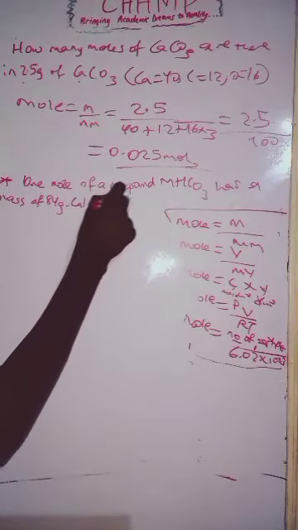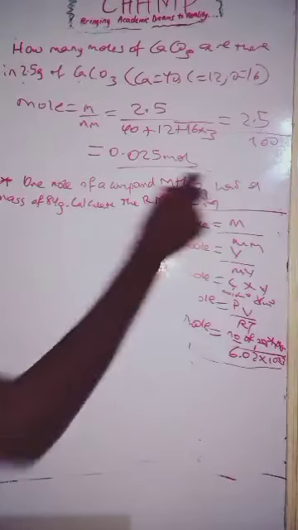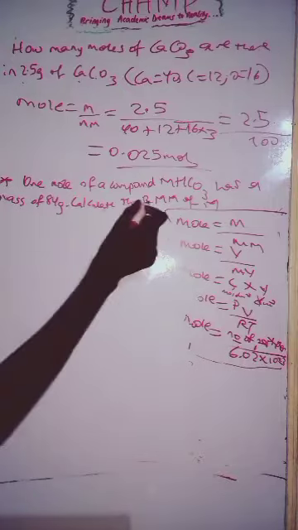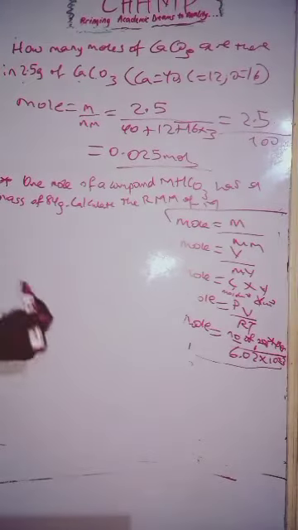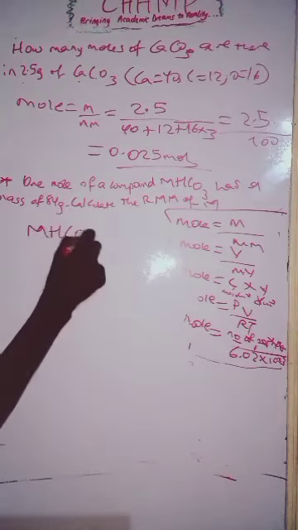Calculate the relative molecular mass of M. Let's say you were given this question, and you are asked to find the relative molecular mass of M. How are you going to go about it? So you have MHCO3.